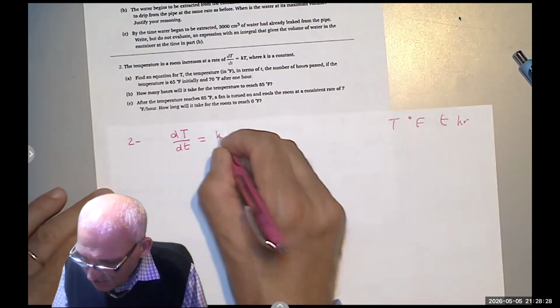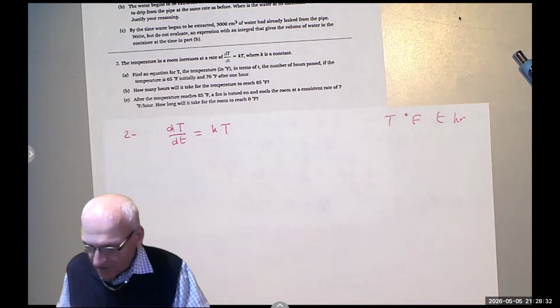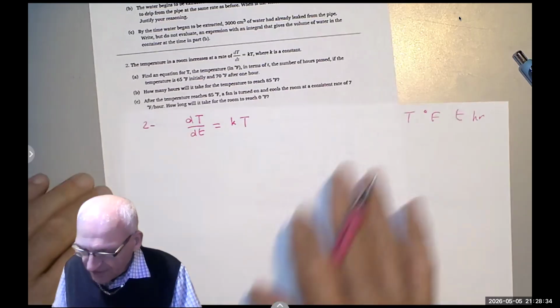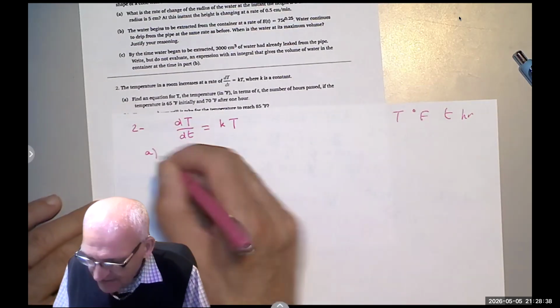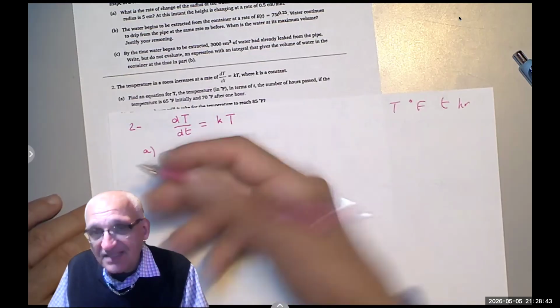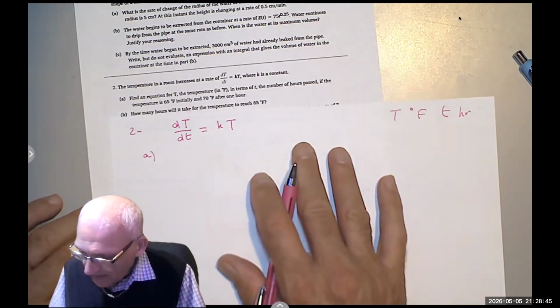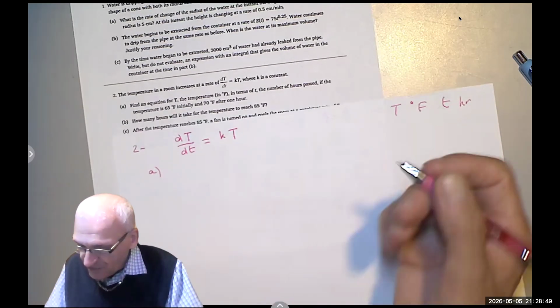So we know that this is an exponential; it's a differential equation and its solution is exponential. Part A says find the equation for T in terms of t, so T as a function of t.